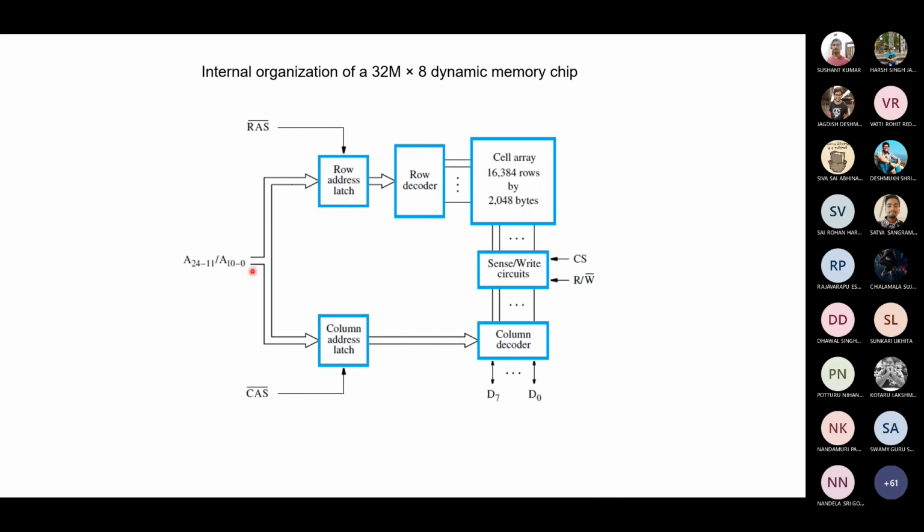So for example, this is basically 32M. So how many bits are required? You require 25 bits address line. 32M, that means 10 plus 10 plus 5.